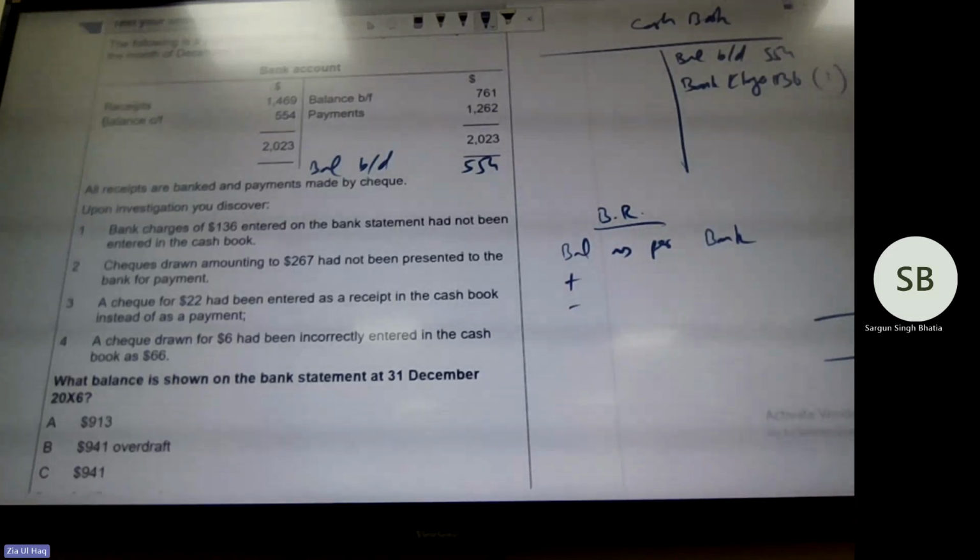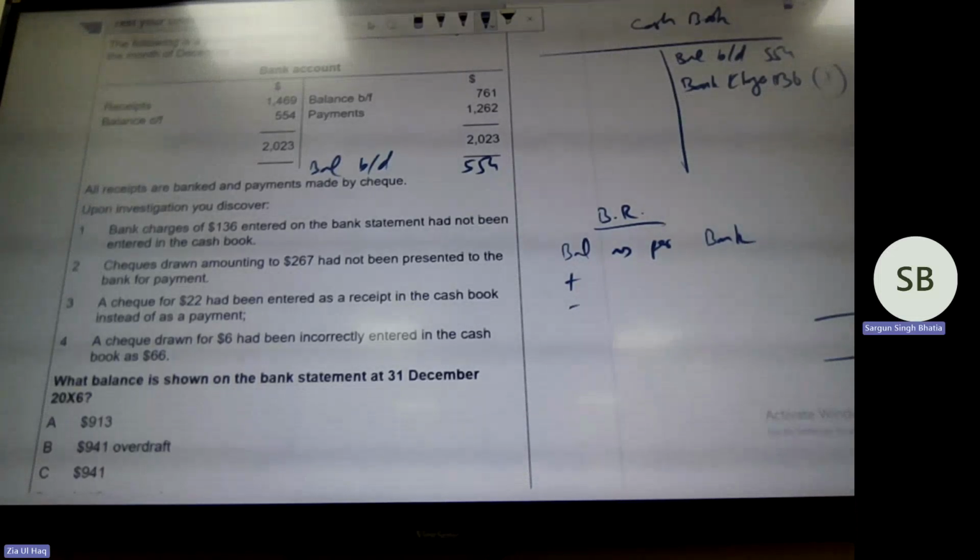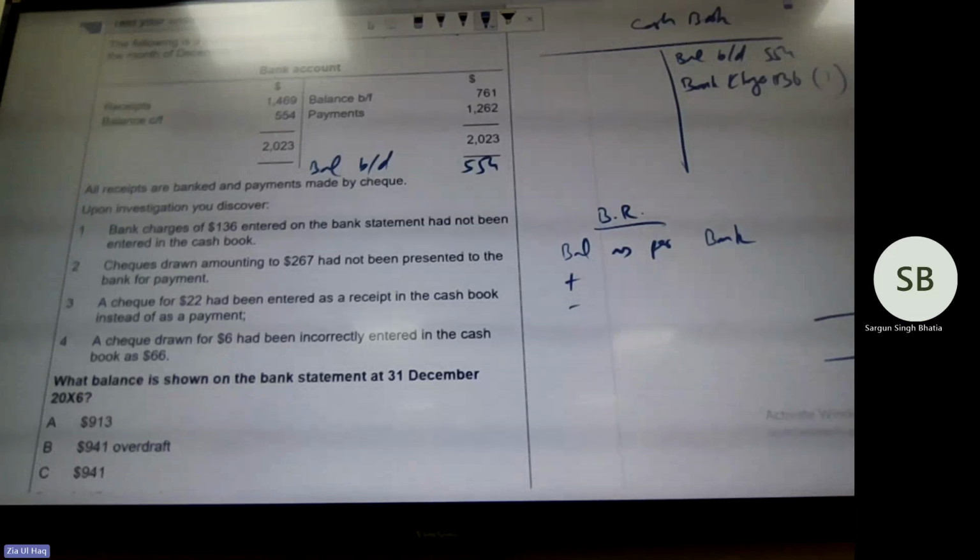Number two, customer checks drawn amounting to 267 had not been presented to bank for payment, unpresented checks. Is that our mistake or not our mistake? Oh, sorry, it's not our mistake, because there were three items relating to not our mistake: unpresented checks, uncredited checks, and bank errors.